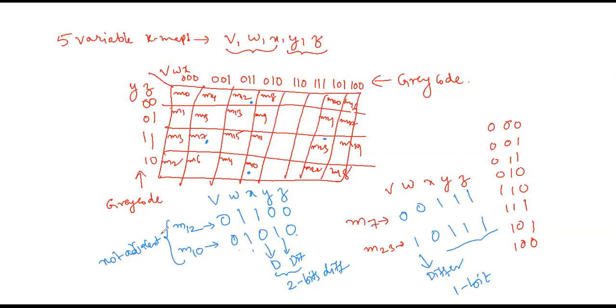Don't consider that cells should simply be side by side; that is not correct. Adjacency should be decided by the number of bits changed in the cells.